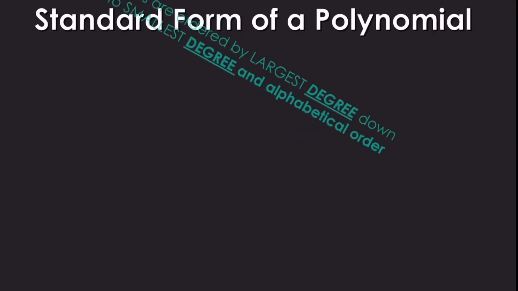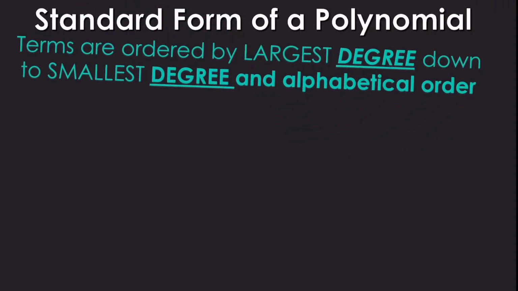Now, the standard form, this is important to understand, because as we do these operations, our final answer should always be submitted in standard form. Standard form is when we order the degrees from largest down to smallest and alphabetical order. So if we have 2 terms that have the same degree, we put it in alphabetical order at that point.